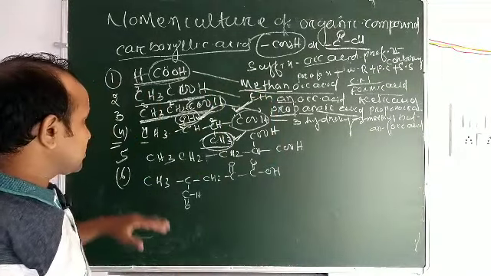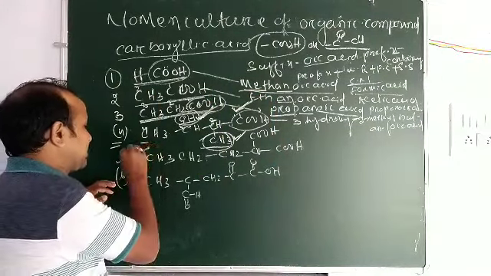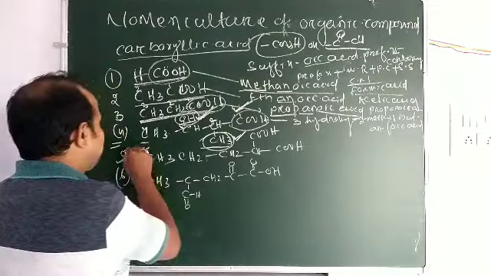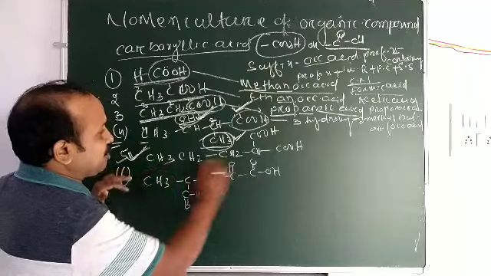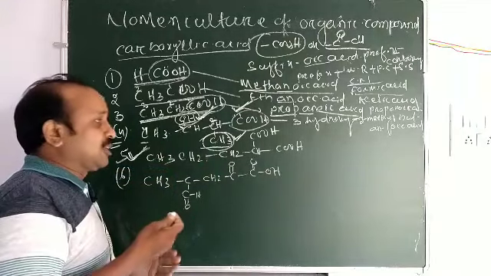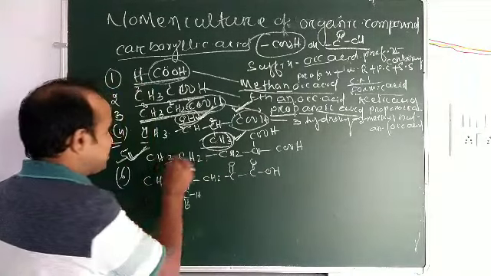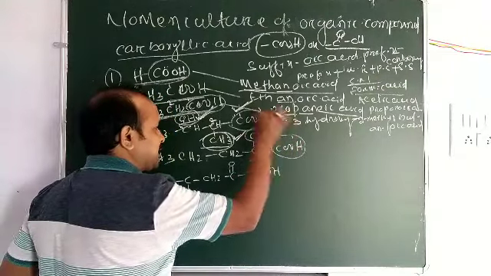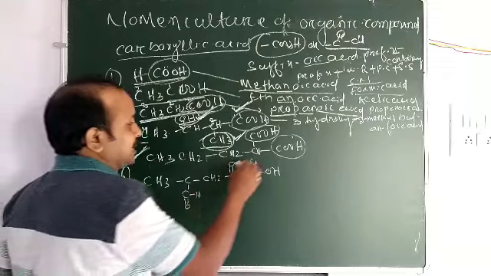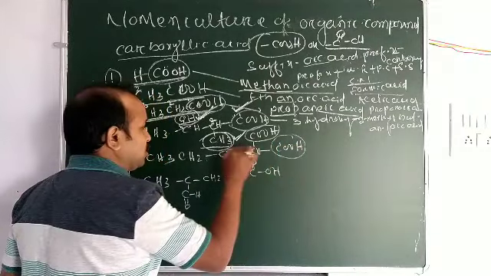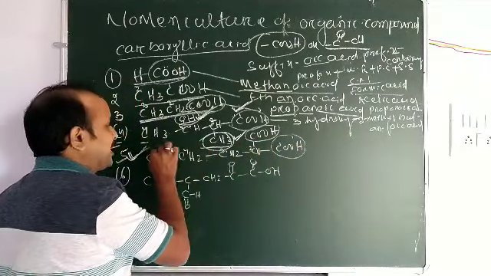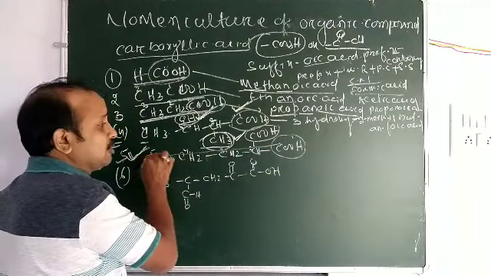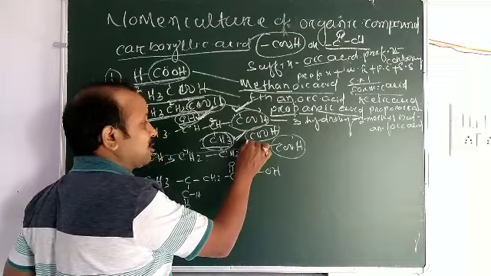Then this is the most important compound. Maximum students make the naming wrong in this compound. Here you see two functional groups, both carboxylic acid, and the longest chain is 1, 2, 3, 4, 5. But this longest chain is wrong, because here is also a functional group.